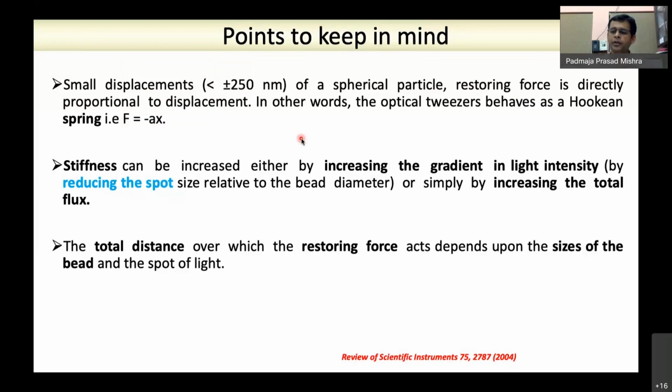Because I said the stiffness is directly proportional to the power, if the power is more, the stiffness is going to be higher also. The total distance over which the restoring force acts depends on the size of the bead and the spot of the light.